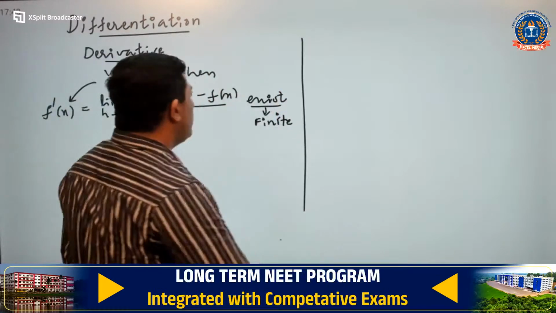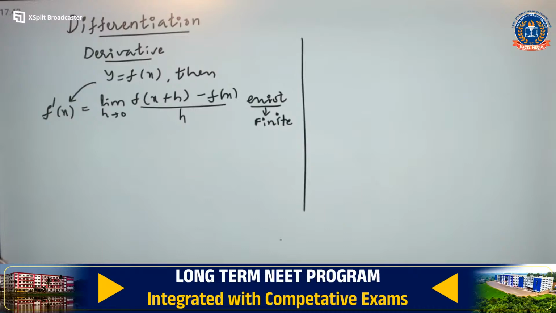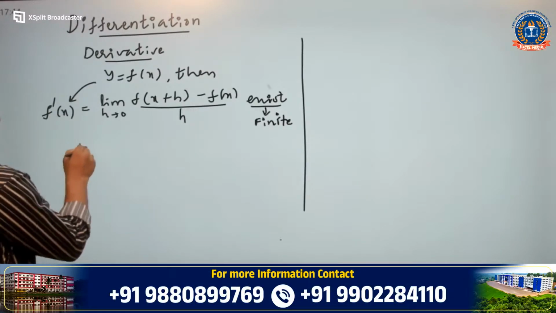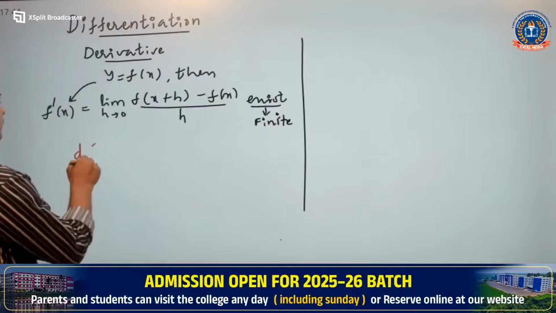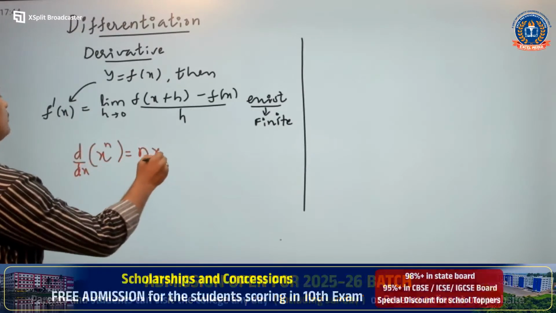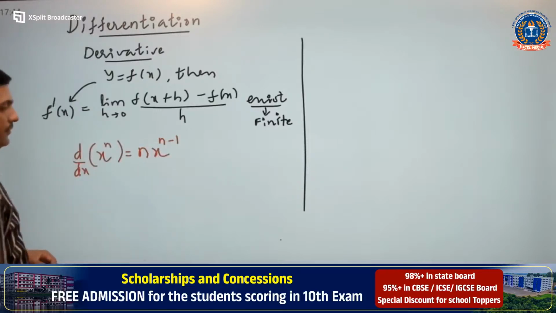Now, in the continuation, we have made some formula also. What is that formula? d by dx of x raised to n is n into x raised to n minus 1.